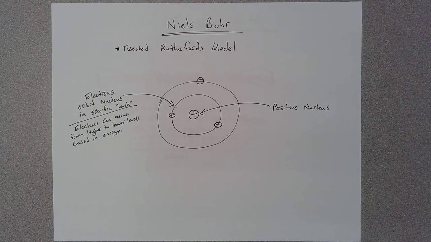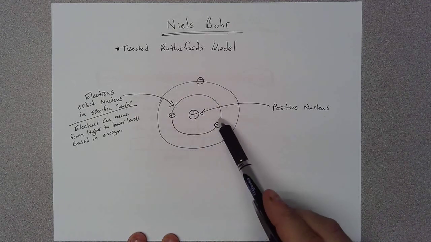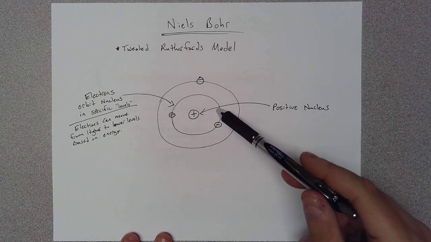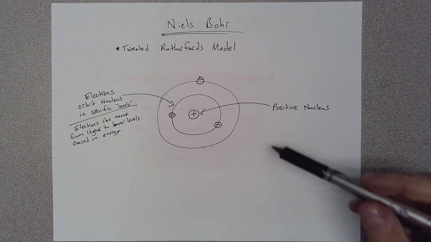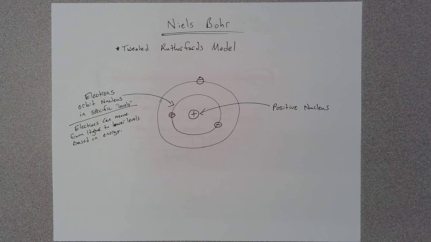The positive and negative would attract. There has to be energy associated to this. So he took this orbiting, planetary model of an atom, where these electrons are moving in these energy levels, and they could be moved in between them. And there's the positive nucleus right in the center.